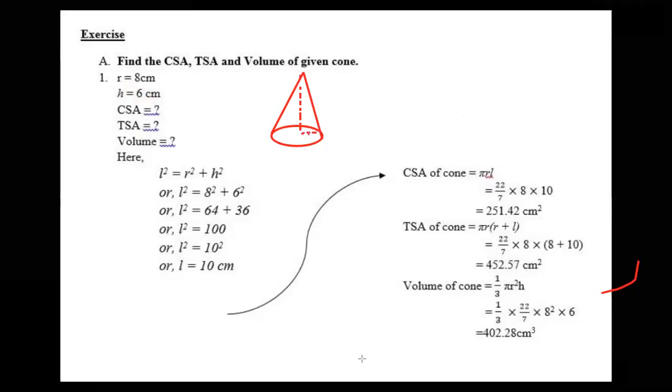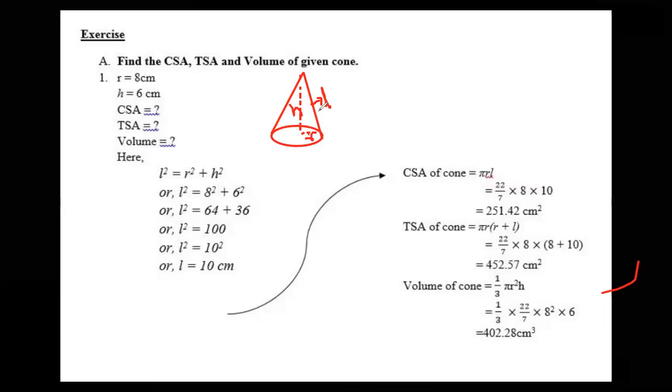What do we call this one? Is it H, R, or L? This is called L. This is called H. This is called R.